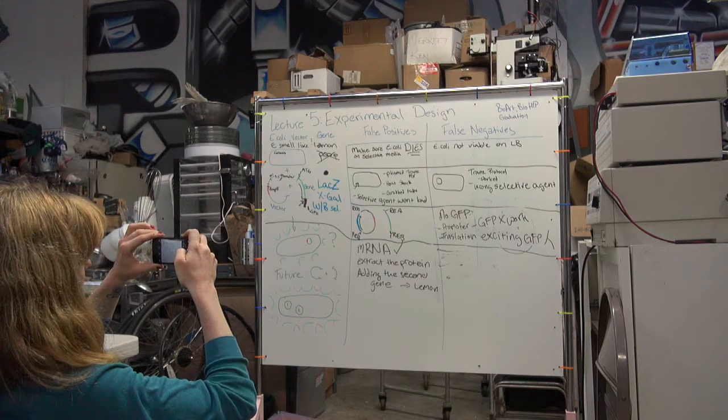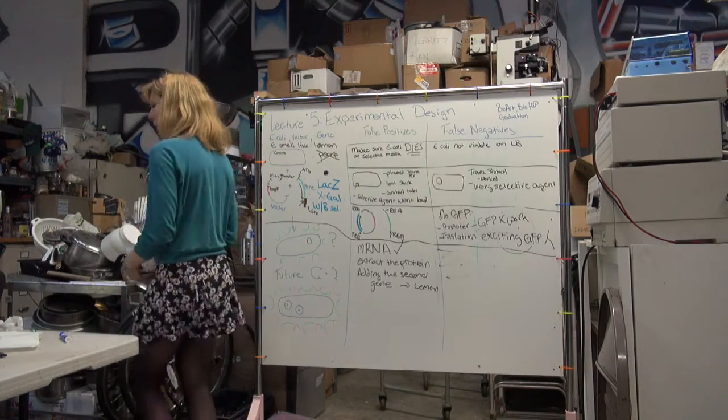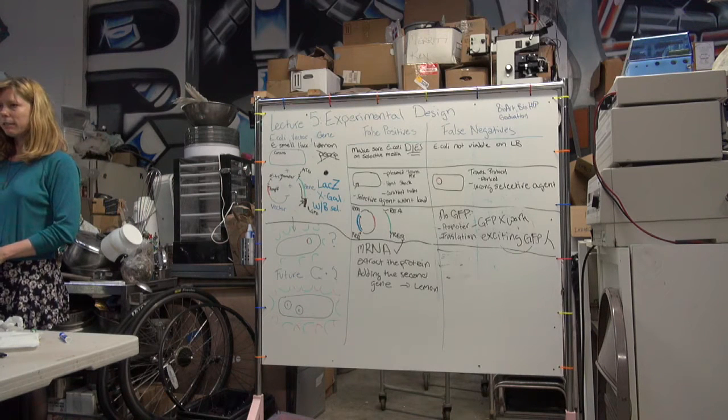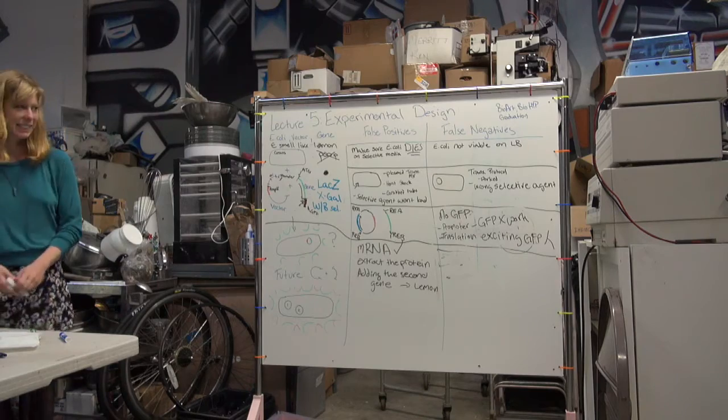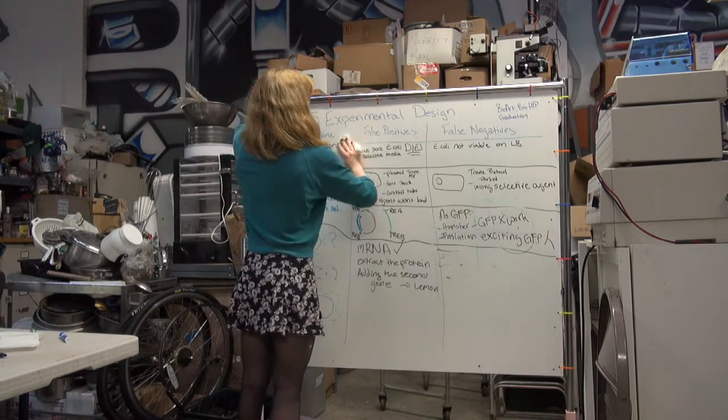I want to erase the false positives and false negatives and then work through how we would do each part of that experiment. Is that okay? And I'm going to post that picture so that you all have it to see, because there could be other ways. Okay.